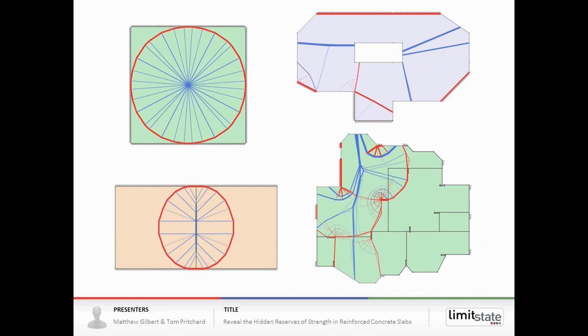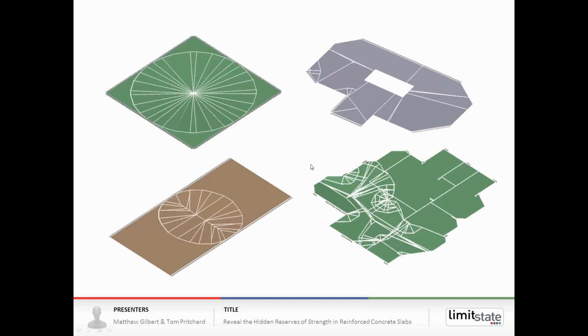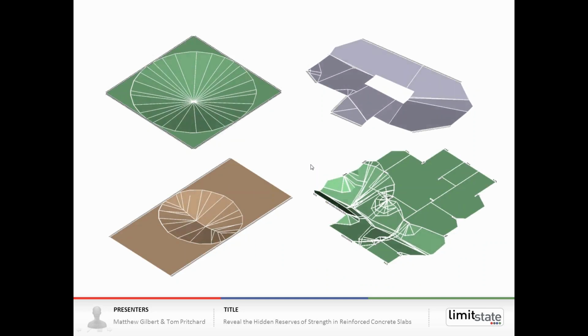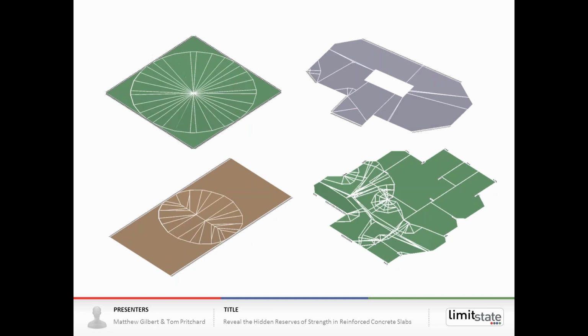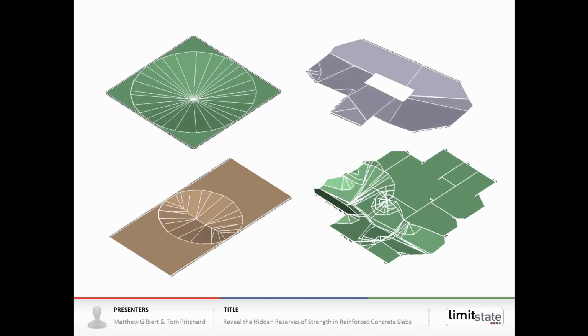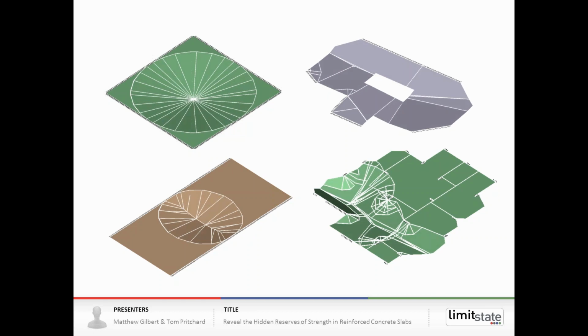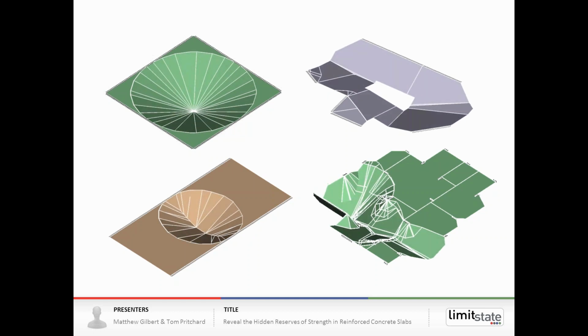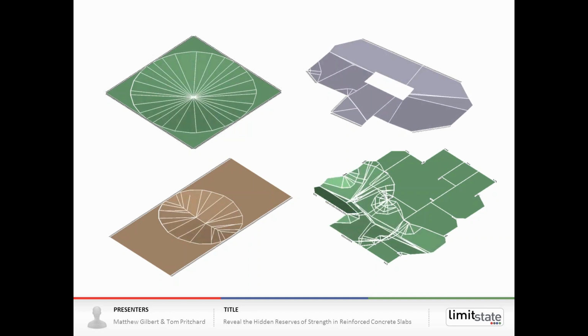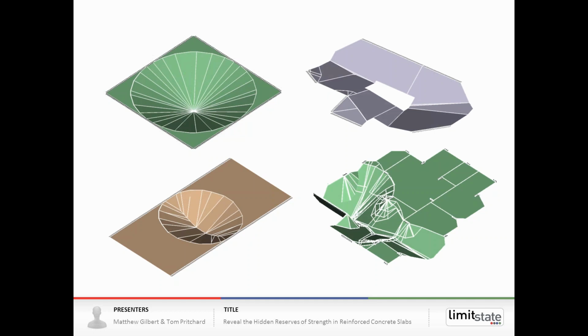So we can effectively extend that classical yield line theory to apply to completely arbitrary slab geometries. That's the key. And we can look at the yield line patterns as we are here, and we can also view them as animations, as you can see on the slide shown now, just to help us as engineers to visualize exactly what's going on. And so what I'm going to be talking about is how we achieve that.